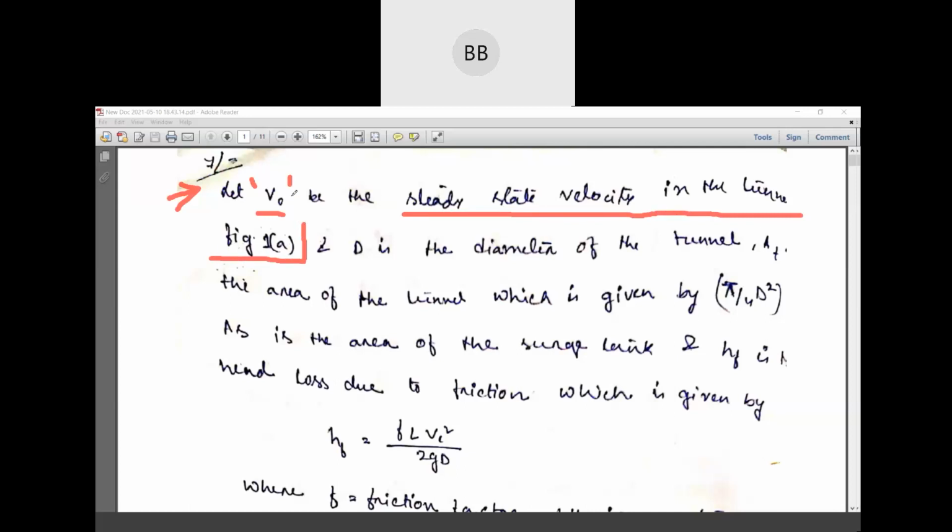So V naught is the steady state velocity in the tunnel, and capital D is the diameter of the tunnel, and A suffix T is the area of the tunnel, which is given by pi by 4 D square. As it is circular in shape, the area is pi by 4 D square.